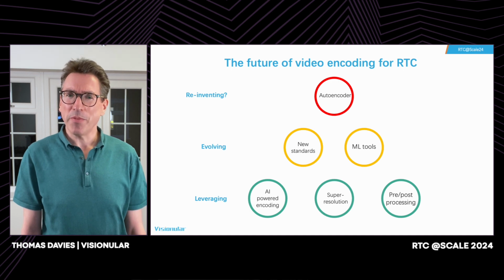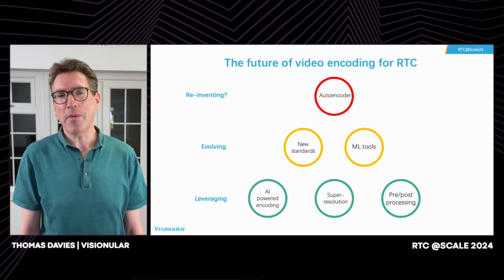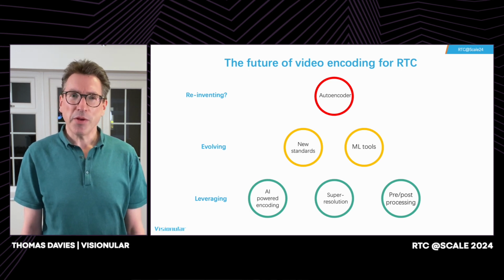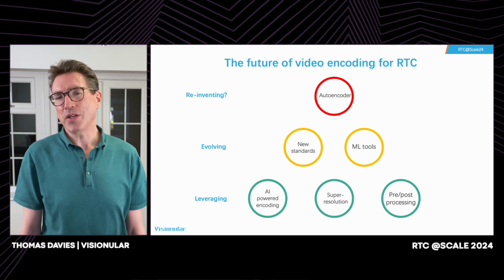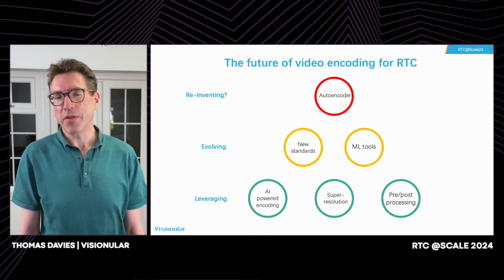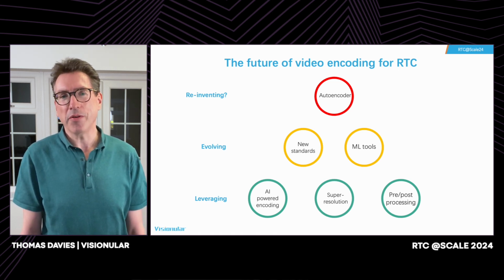But what people are really excited about is the possibility of whether you can apply a full ML model, an autoencoder, to video encoding. And I think one key point there that we really need to understand is where would such an encoder fit on the kind of waterfall curve that I've shown you.